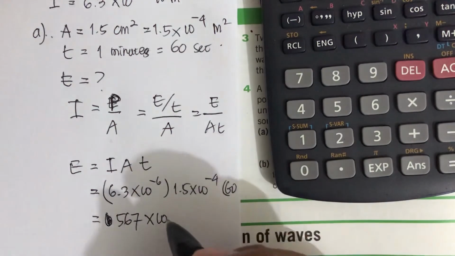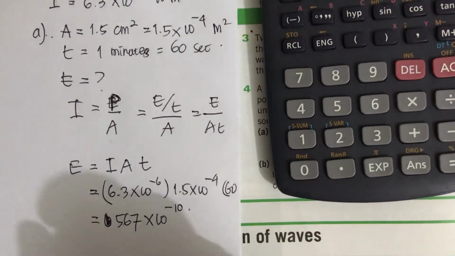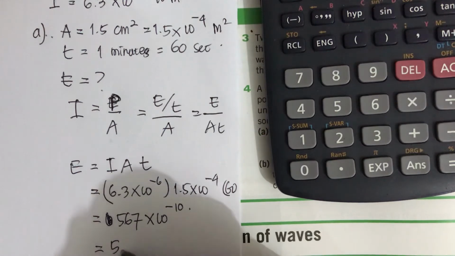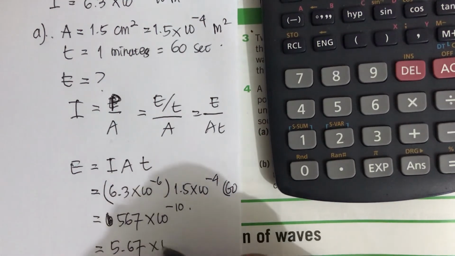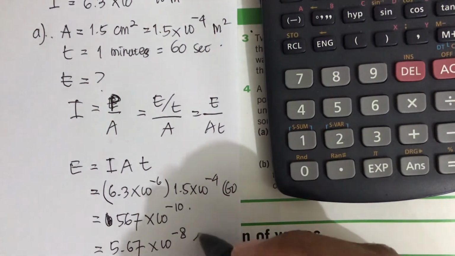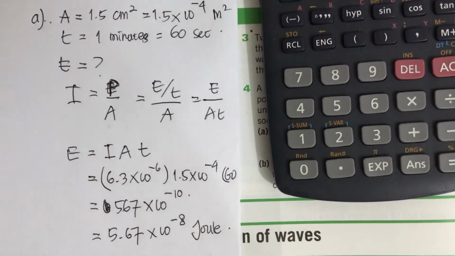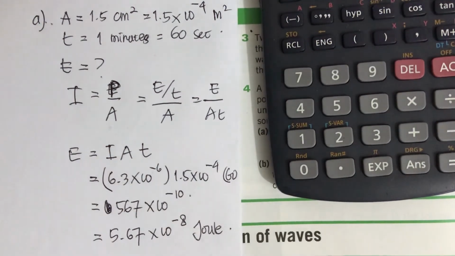Times 10 to the minus 10, so the energy is around 5.67 times 10 to the minus 8 joules. Okay, done for question A.